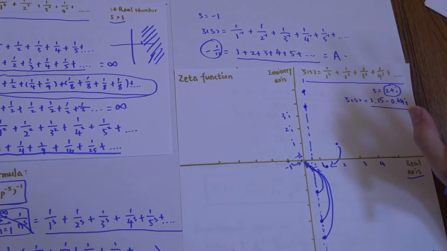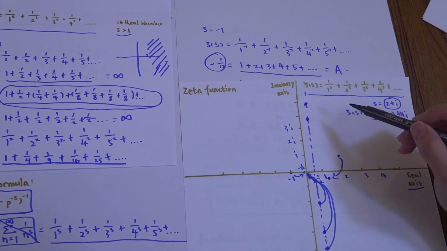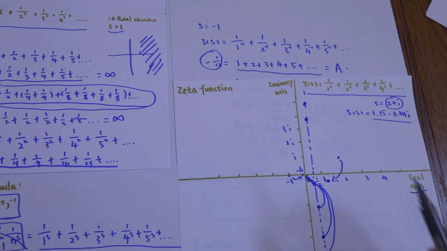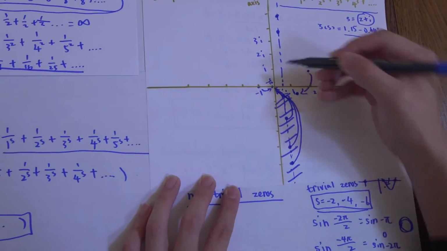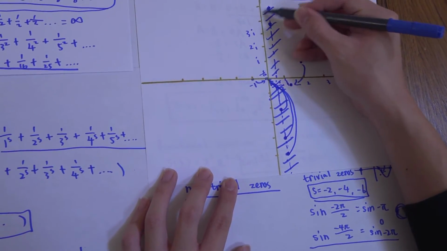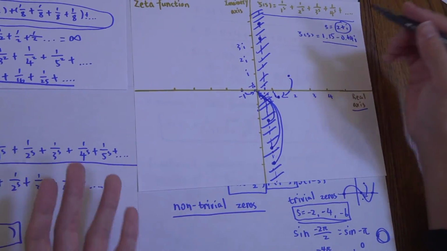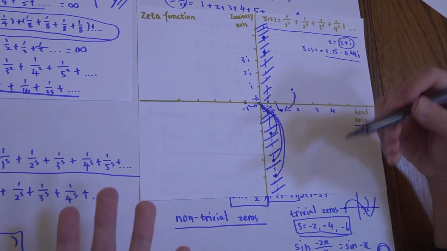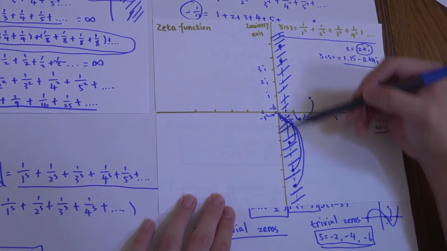In the early 1900s, I think, mathematicians proved that all the non-trivial zeros lie in this critical strip, from 0 to 1. But even if they proved that all the non-trivial zeros lie over here, they still couldn't prove that all the non-trivial zeros lie exactly upon this line.